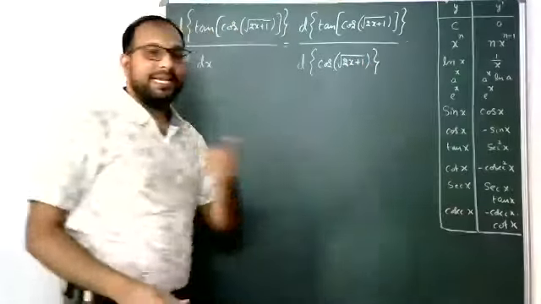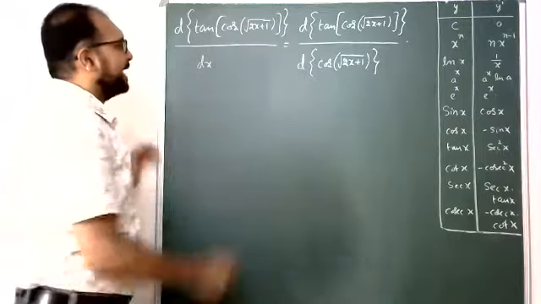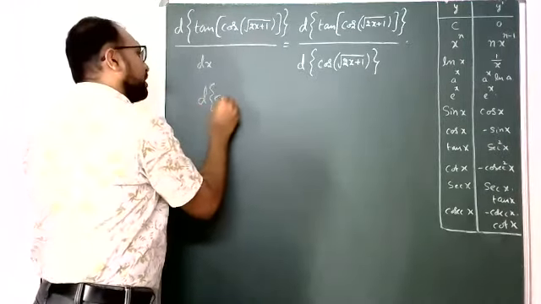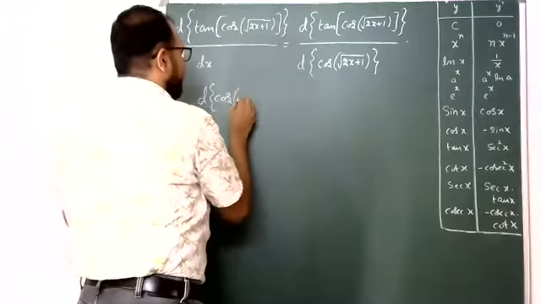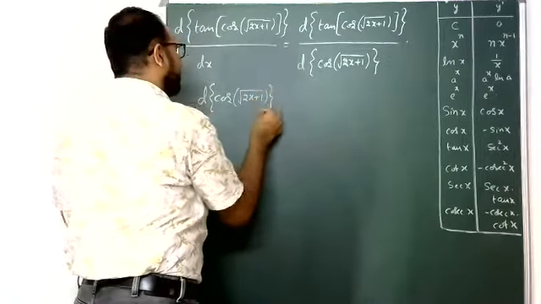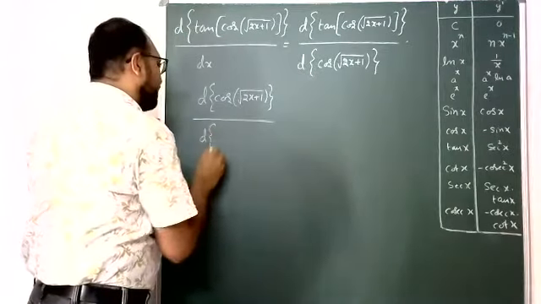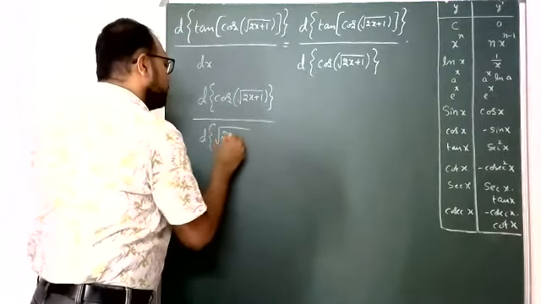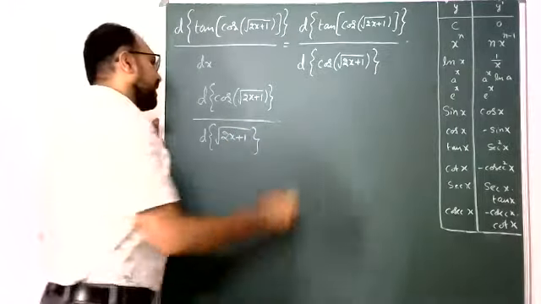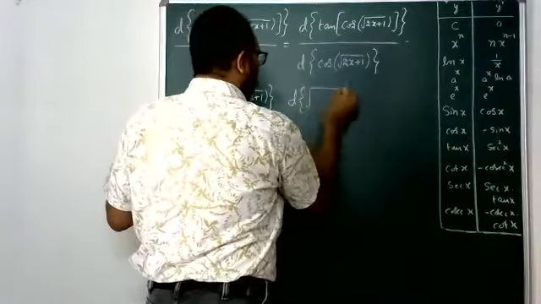So the derivative of tan of cos of root 2x plus 1 with respect to cos of root 2x plus 1 is only one link. The remaining links I am now writing. Second link: derivative of cos of root 2x plus 1 with respect to root 2x plus 1.